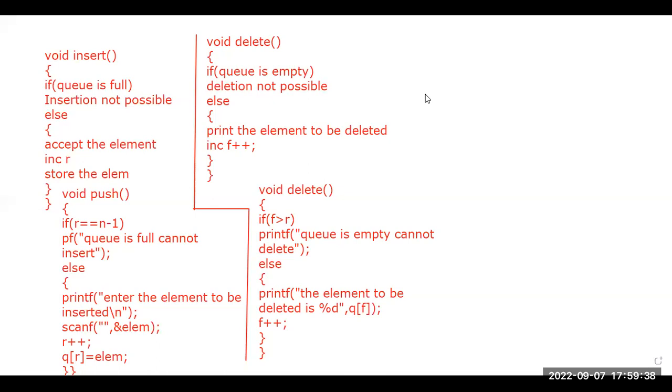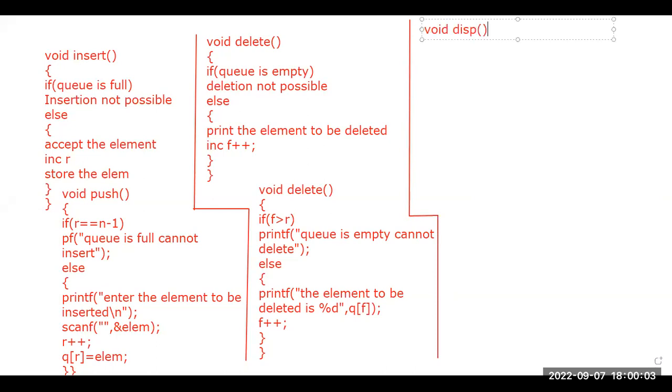So next, apart from these, what else methods should we write? Display. We should also give an option to display. Here, I'll start with void display. In display again, I should check 2 cases.